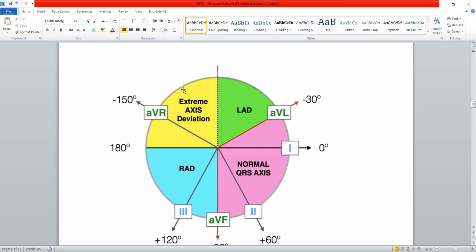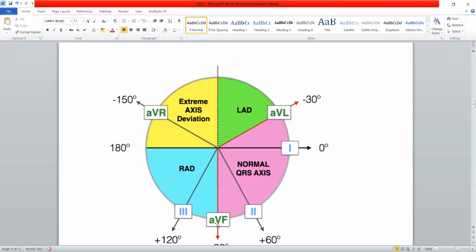Now, if the current is flowing towards a lead, such as lead 1, it will produce a positive QRS complex. And if it's flowing towards AVF, it will produce a positive QRS complex in lead AVF. So remember the two basic principles.